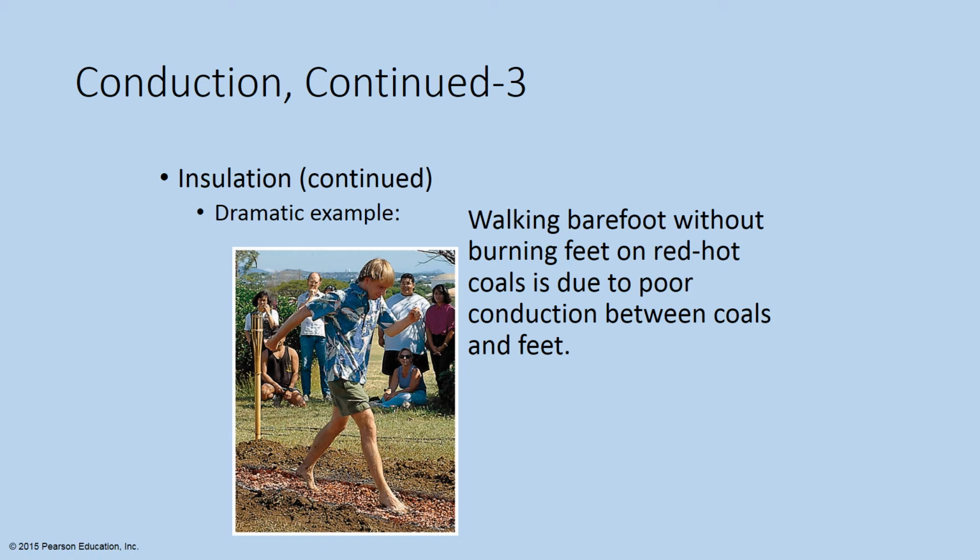It could also be wood embers as well, since wood is a good insulator, and therefore it does not transfer heat to the foot of the person walking over them. And in this case, as long as he walks at a fairly good clip or pace, his feet will not get burned because the heat cannot be transferred from the insulator to the person's foot.